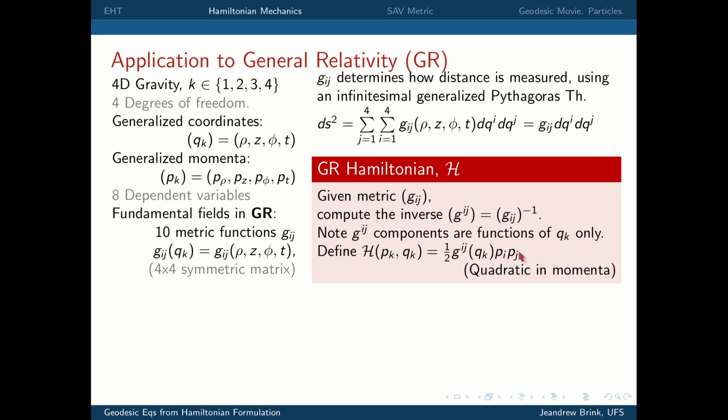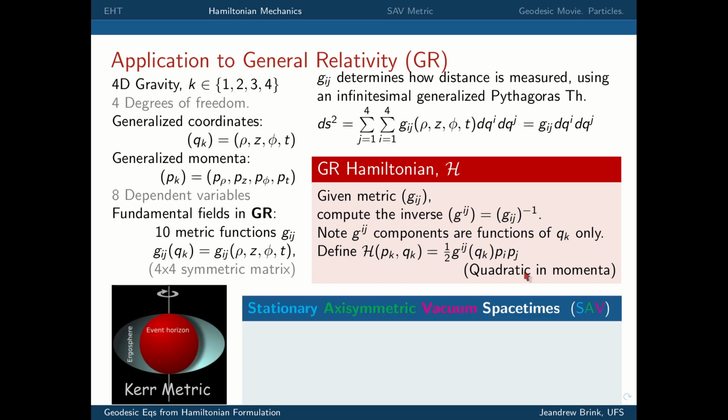Okay, and note that this thing is quadratic in momentum. So what we're going to do now is try and find a way to make the problem even easier. This is the Hamiltonian for a general 4-dimensional space-time. What we can do is we now want to try various things to pare down the number of dependent variables we're going to have in our final dynamical system.